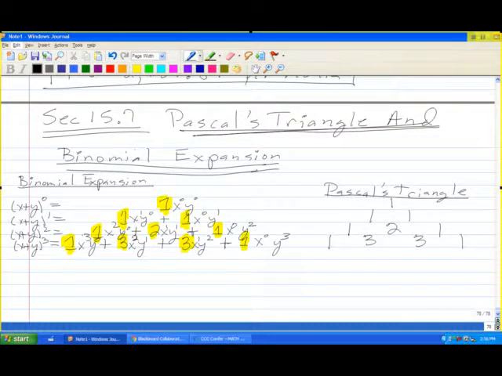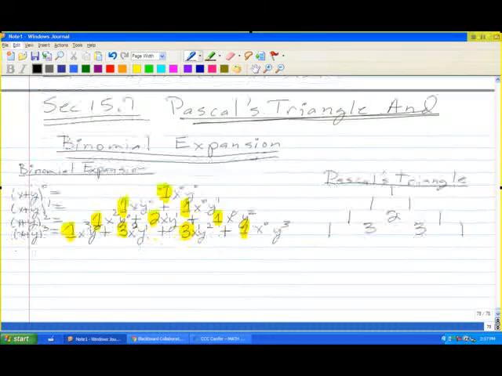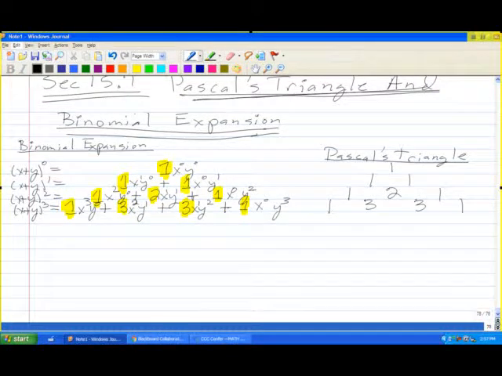And notice that the sum, 3 plus 0, is 3. 2 plus 1, 3. 1 plus 2, 3. 0 plus 3, 3, is the same as this exponent. And that always works out. And so, to find that binomial expansion, I really just need to know something about Pascal's triangle.